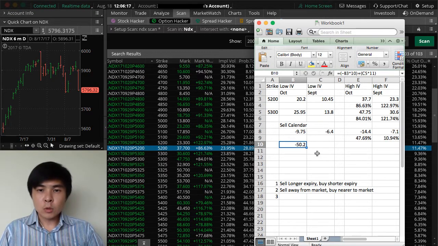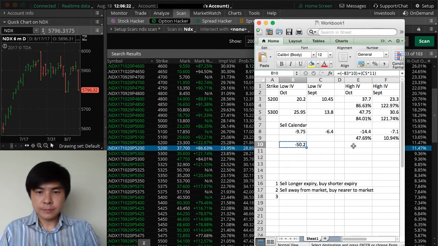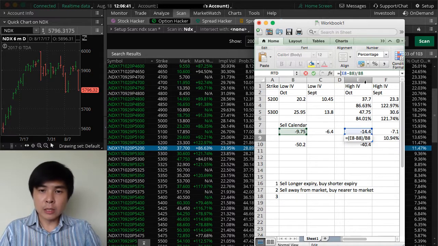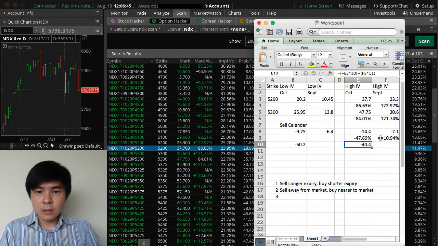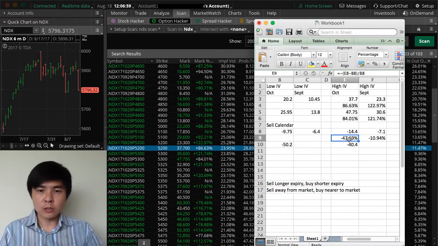Okay, now let's take a look at what happens when IV spikes. When IV spikes, your credit from negative 50 reduces to 40. So if I were to use the same formula, because this is a negative, I'm going to put a negative over here, and I'm going to put a negative over here so you can see that you actually have a negative value, which means you have a loss.